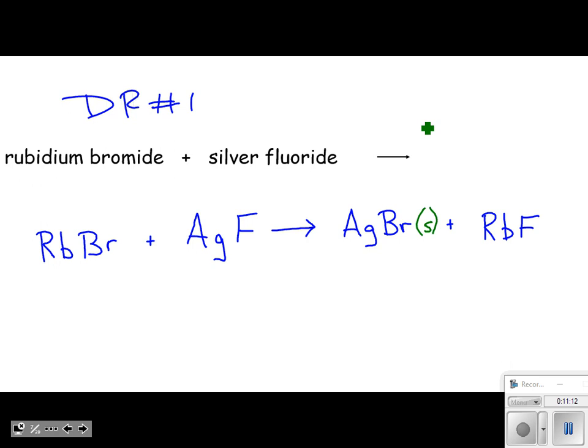RbF, rubidium fluoride, gives me an S, so that tells me that it is soluble. So I'm going to put my AQ behind that one. Once again, if I don't have the solid and the AQ, you're going to be missing out on some points.